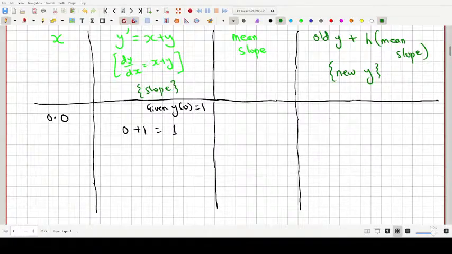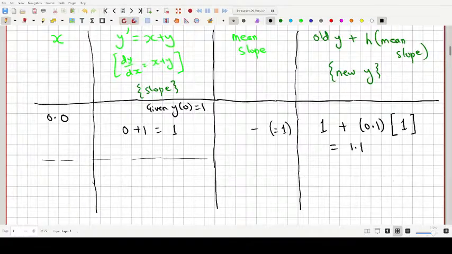So when x is equal to 0, the slope is equal to 1, and the mean slope we don't calculate anyway, but write 1 over here. The old y is equal to 1, so this would give us 1.1. Now this is done with x equals 0.